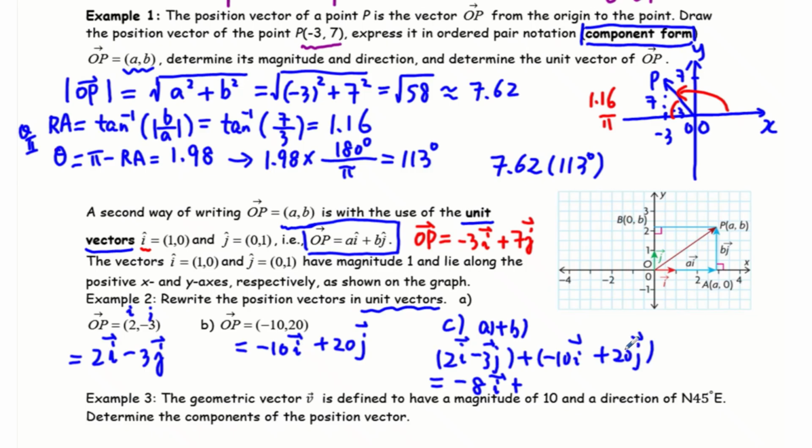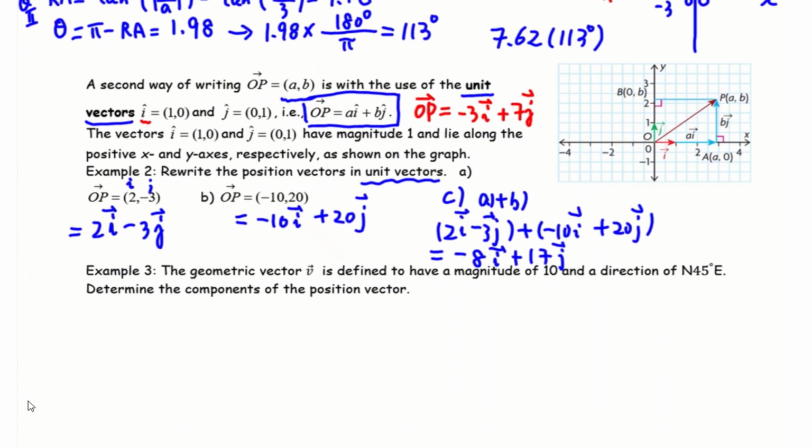For j, -3 plus 20 is 17. Then it's done. So this is another way we can do the sum, the resultant, of the vectors by using the unit vector notation to do it. And example 3 is the next one.